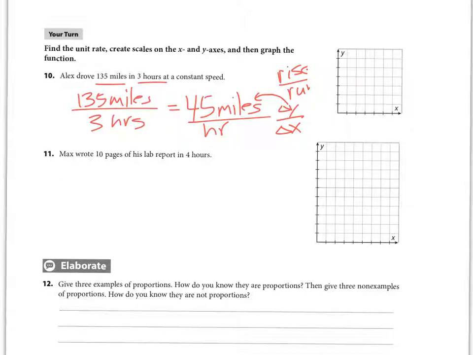So when I'm labeling my graph over here, I'm going to label this as miles. My x in turn is my hours. So I might call my y-axis distance, but then I have to put units with it in miles. My x-axis I'm going to call time, and it's in hours.